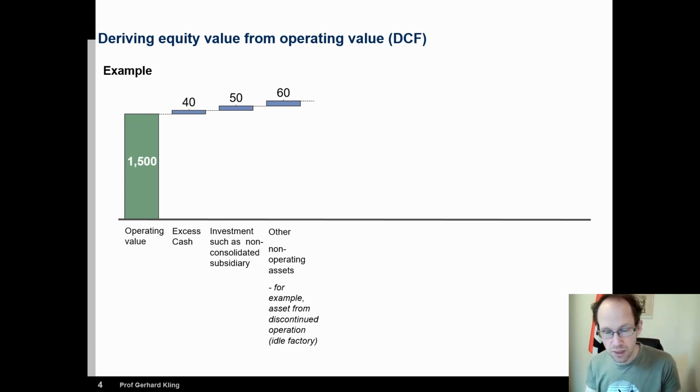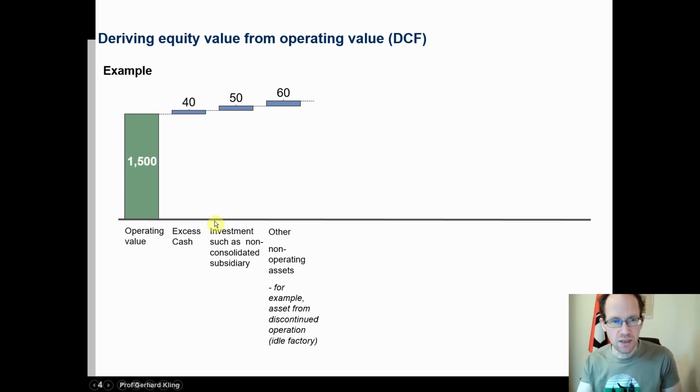Now, if a company has cash holdings in excess of operating cash, you have an excess cash position. So put differently, this additional money sitting there on a bank account is not really adding anything to the business. It's just sitting there. So the value of this cash is simply, well, the value of the cash. It doesn't add anything. It doesn't have any multiplier.